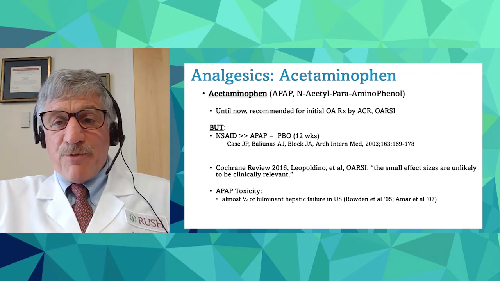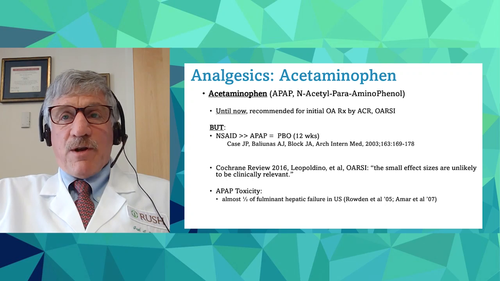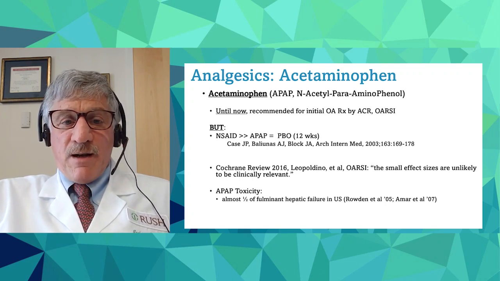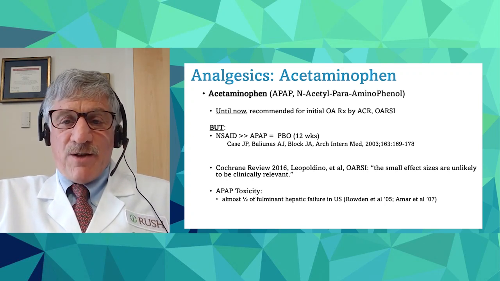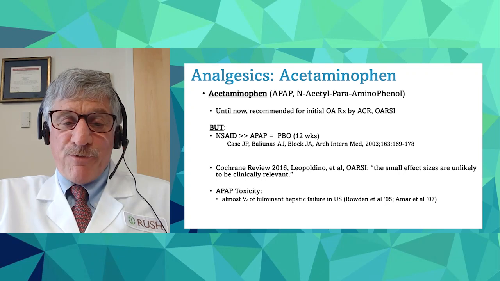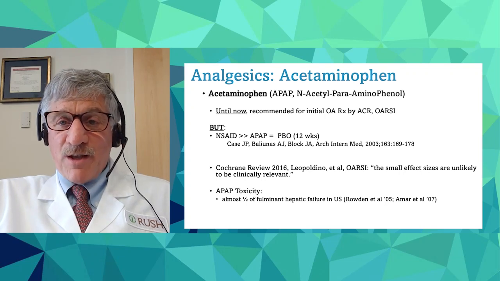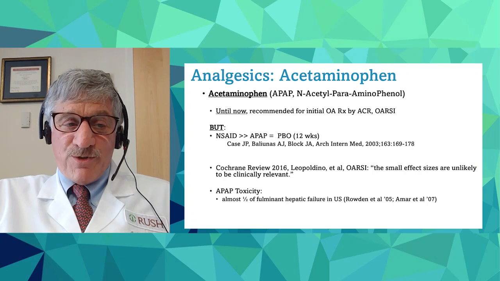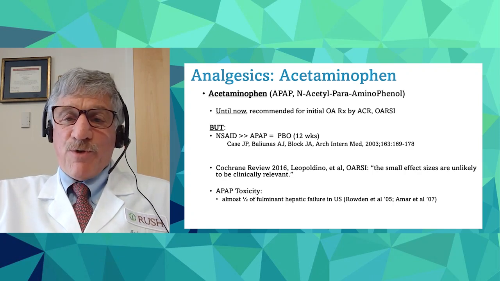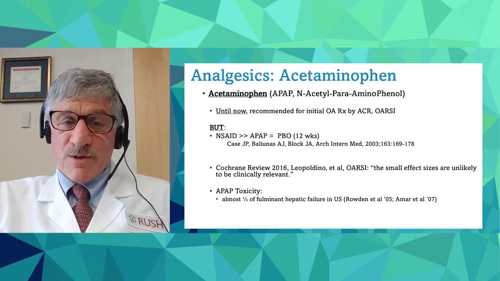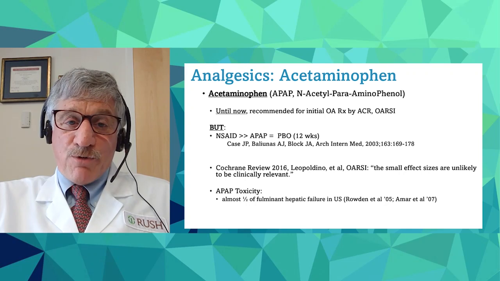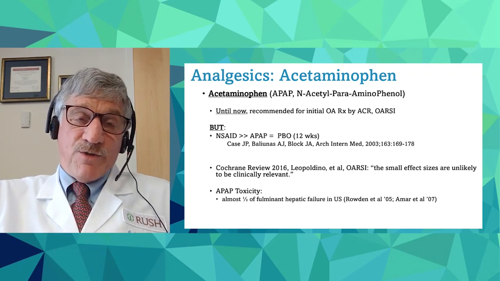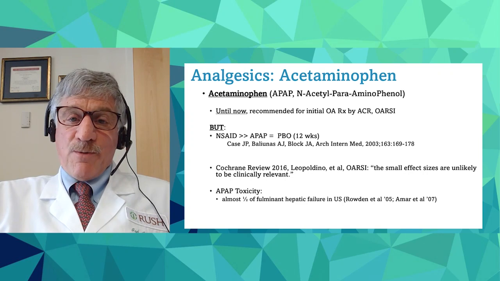But the other half of acetaminophen's recommendation was that it used to be thought of as being benign. Nowadays, we understand that it is actually the source of almost half of the fulminant hepatic failure in the United States, almost always due to accidental overdose, almost always in demographics that are at risk for OA, such as the middle-aged and elderly. So at this point, there ought to be no role for acetaminophen in the chronic use of OA, although it can still occasionally be useful for short-term painful flares.